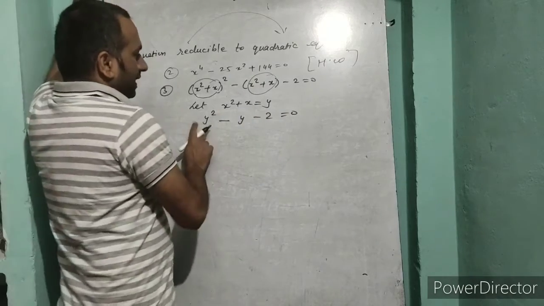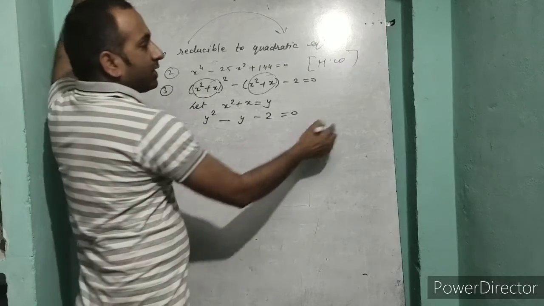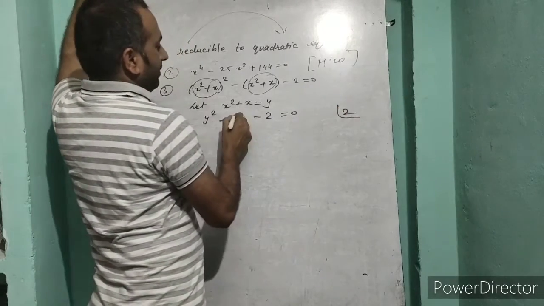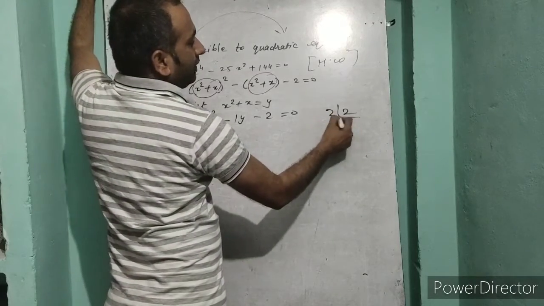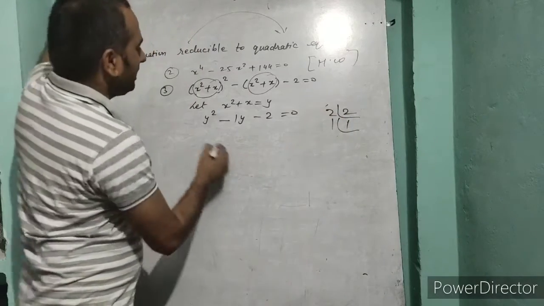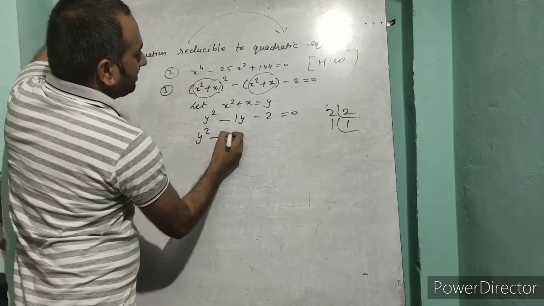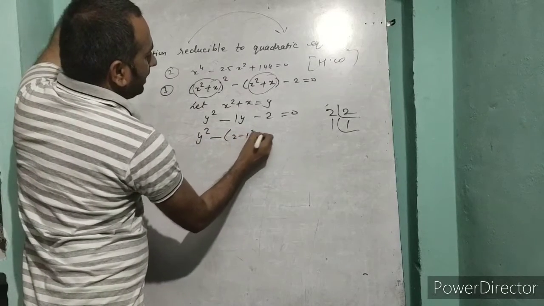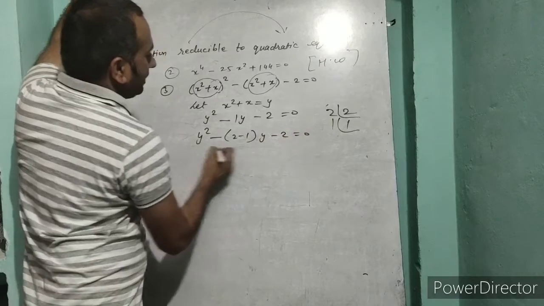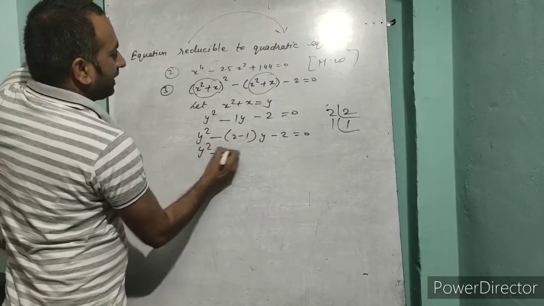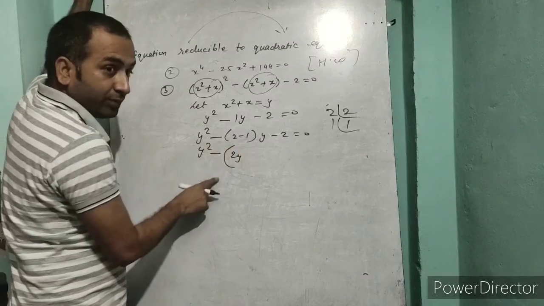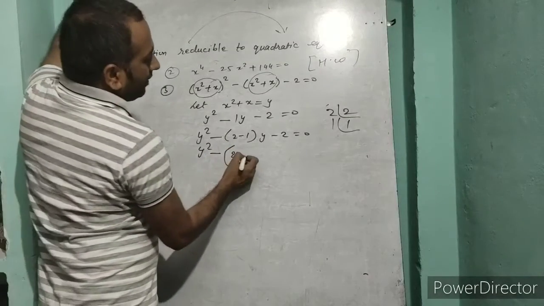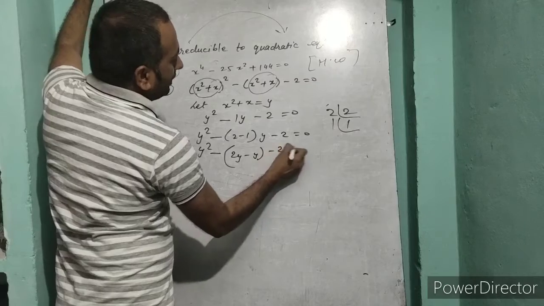Again, 1 multiplied by 2 will give you 2, and here we have 1. So 2 and 1 are 2 and 1, and 2 minus 1 is 1. So we will get y square minus 2 minus 1 of y minus 2 is equal to 0. So y square minus, actually minus is involved here, so we will multiply it. So 2y, don't open it, break it, minus y minus 2 is equal to 0.